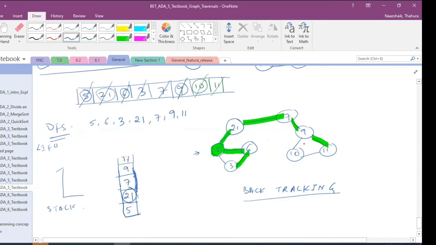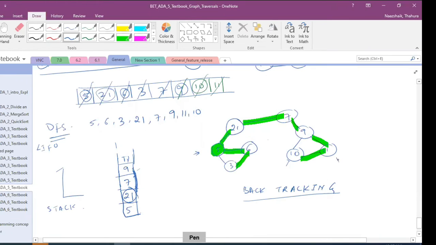Now after 11, can I visit anything? Yeah, it's still possible. I can visit 10. So I add that to the stack. Now from 10, I can't visit anything because the only option left is 9, but that's already visited. So I'm done processing 10.